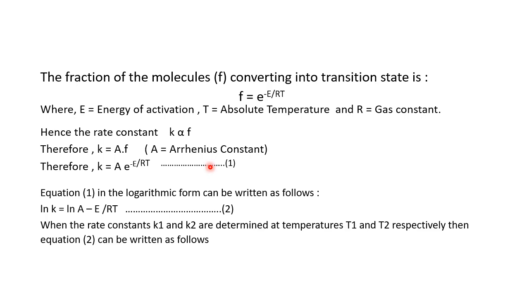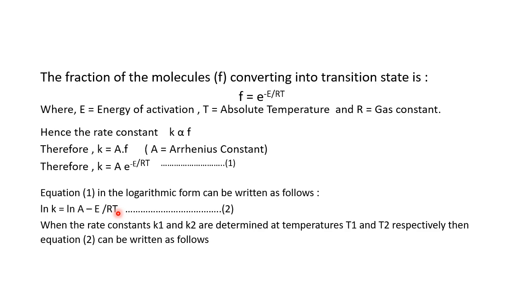This is equation 1. Now if I want to write equation 1 in the logarithmic form, then I can write it as ln K, that is natural log, is equal to ln A minus E upon RT.